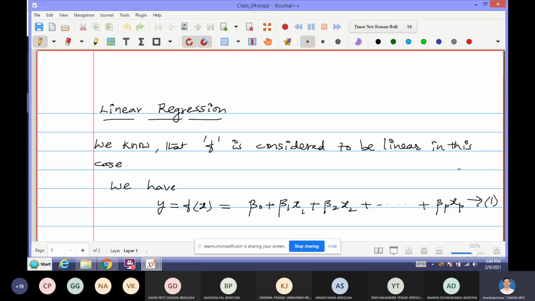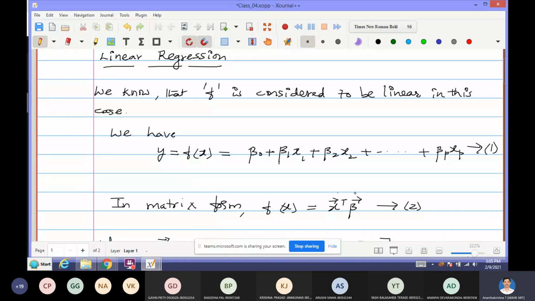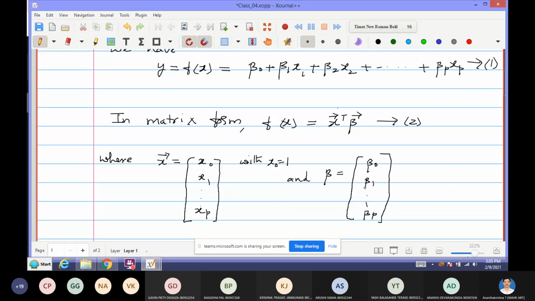For linear regression, we have to bring in the notion of a matrix, and we need to compute these coefficients b0, b1, b2, etc. This has to be computed using some minimization criteria, a loss function. We have to take a certain loss function and then use it to compute the beta. Those things we shall do in the next class.